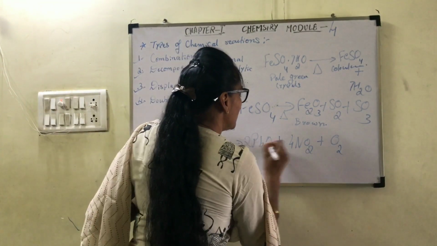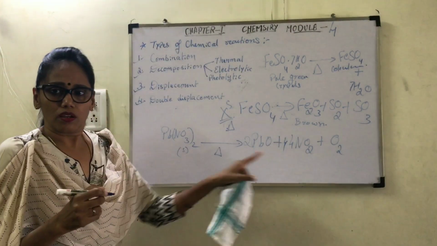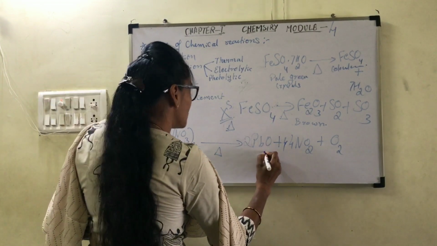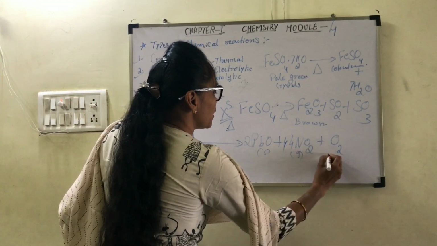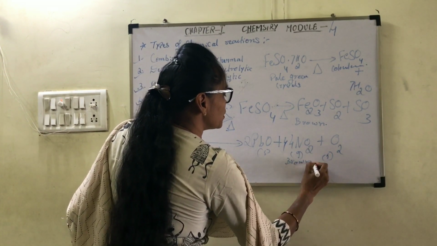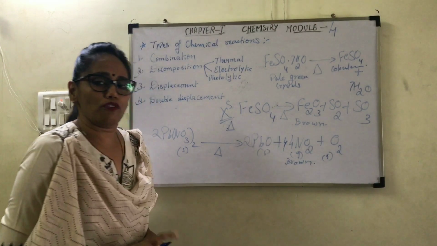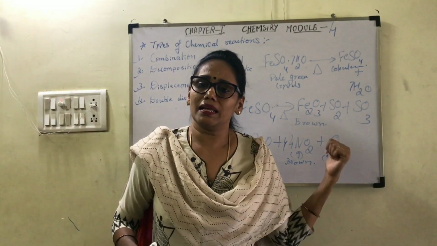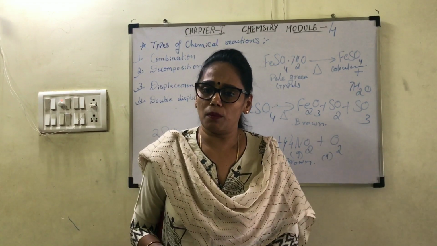So balancing is this. Clear? So I have given you the balanced chemical equation. This is a solid, gaseous and gaseous. This is brown fumes. The identification of nitrogen dioxide is that you see brown fumes being given out. Now this is another example of thermal decomposition.